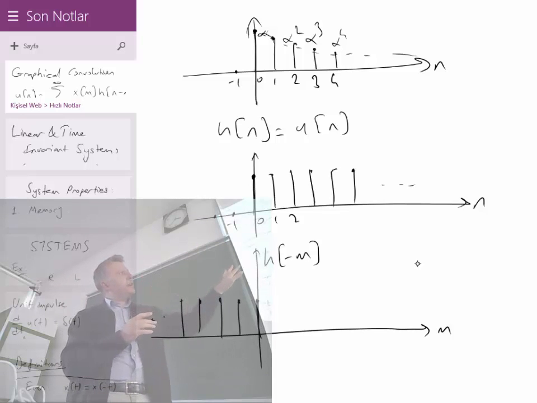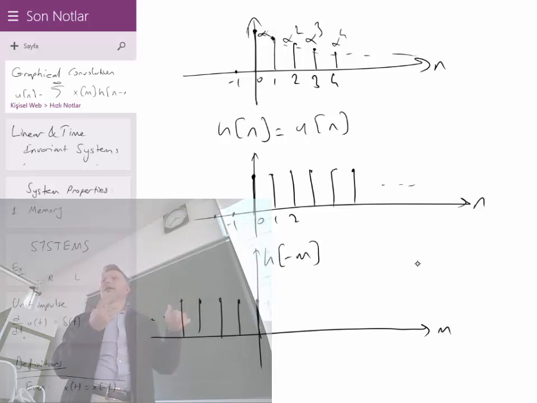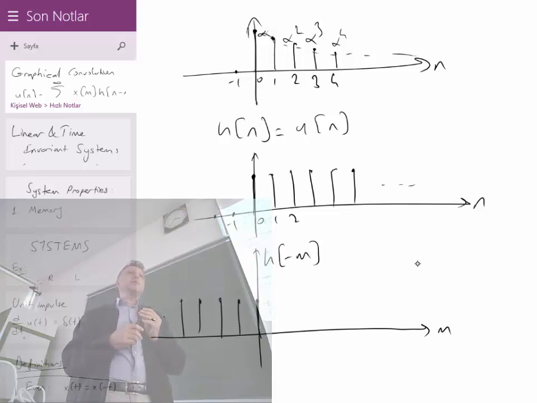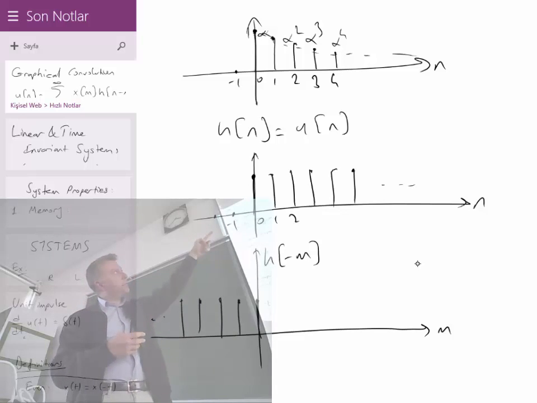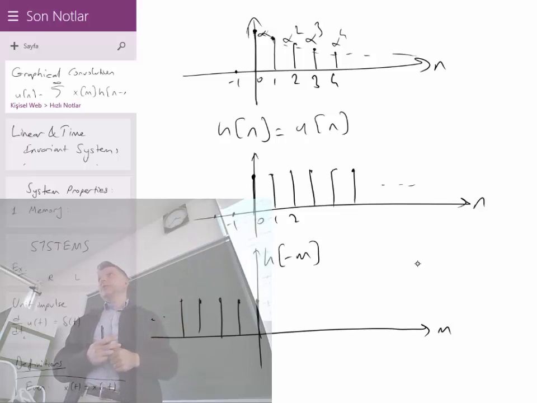So if you go any further towards left, there will be no overlap. So the output is all zeros for negative n. When n is equal to minus 1, there's no overlap. This will go to the left, and it will not overlap with the top figure. So the multiplication will be 0. For minus 2, minus 3, for all negative numbers, it's a 0.